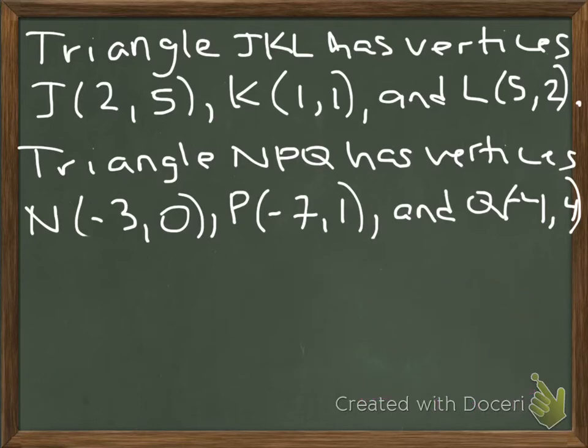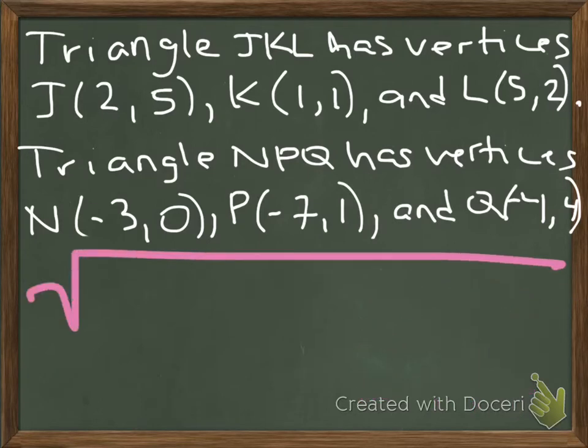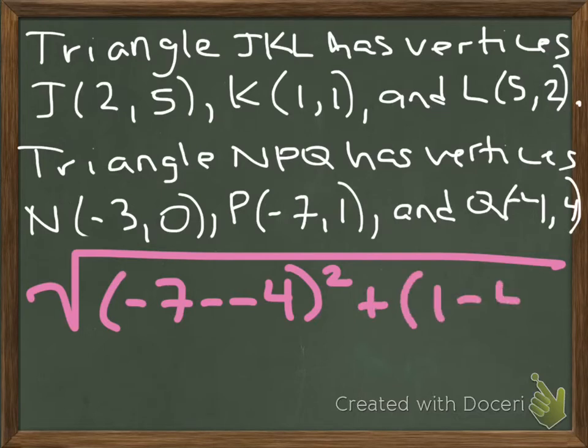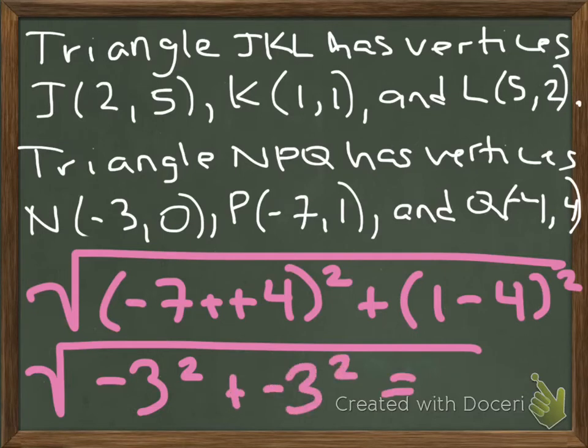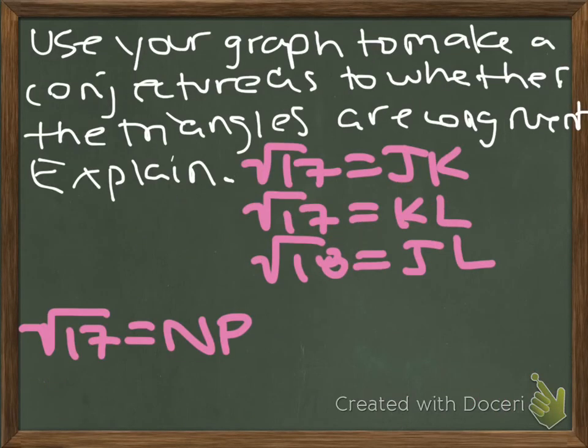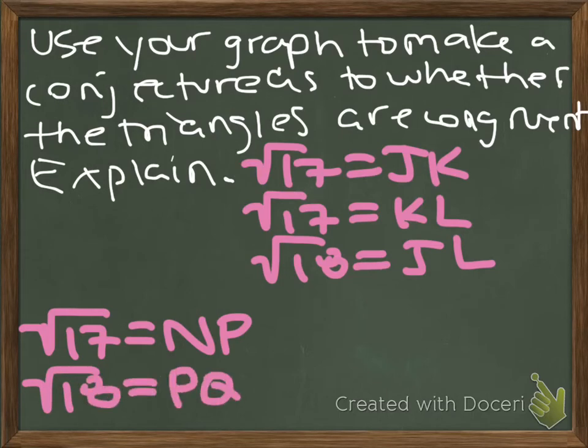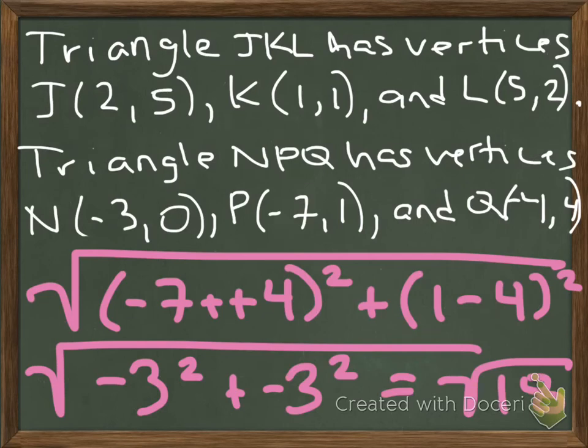PQ. So negative 7 minus negative 4 squared, plus 1 minus 4 squared. Negative 7 plus 4 is negative 3 squared, and 1 minus 4 is also negative 3 squared. So that gives us 9 plus 9, or the square root of 18. So that is PQ. And the last one would be NQ.